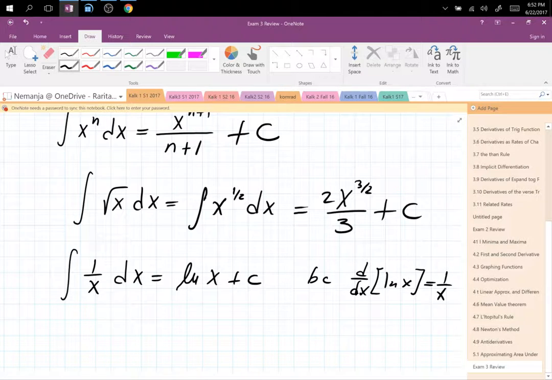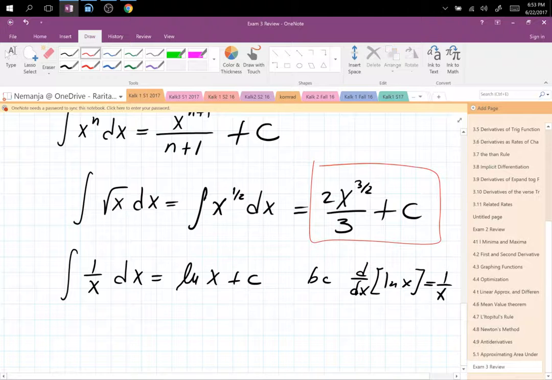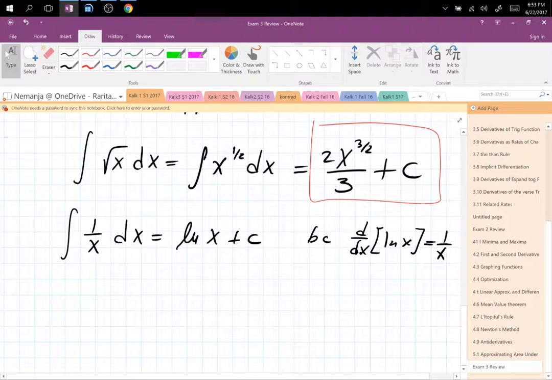But for integrals, if you're not lazy and you care enough, you just spend an additional 13 seconds taking the derivative to check. If you get this, your answer is correct. If you don't, it's wrong. There's no in between.